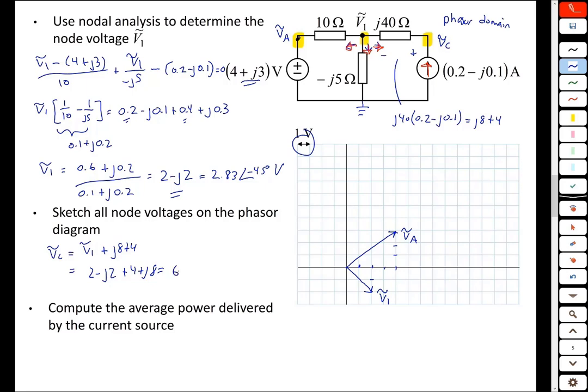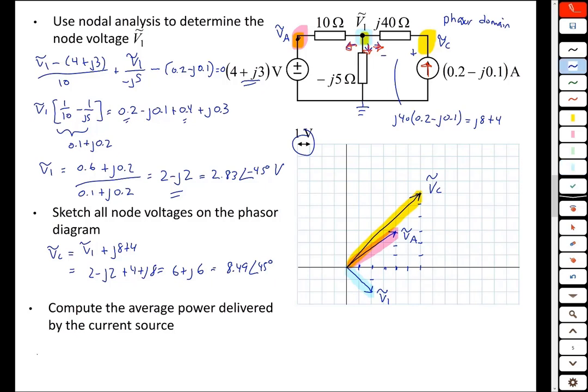We get 6 plus j6, or 8.49 at an angle of 45 degrees. 6 plus j6, 1, 2, 3, 4, 5, 6. We get our third phasor VC that looks like that. So the phasor diagram has our 3 voltages, VC, which is that one there, VA, which is that one there, and V1, which is that one there.